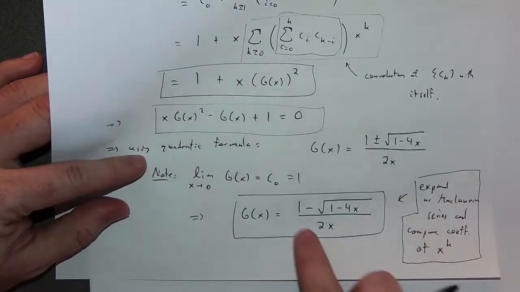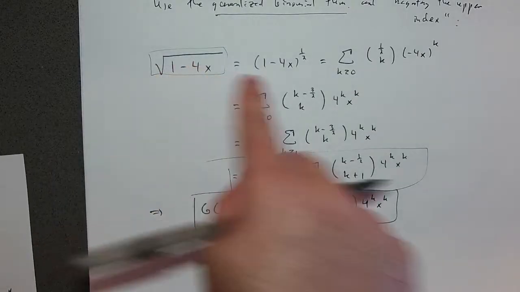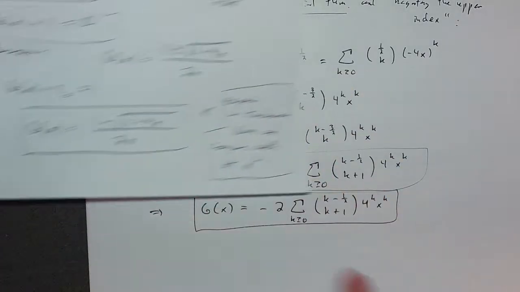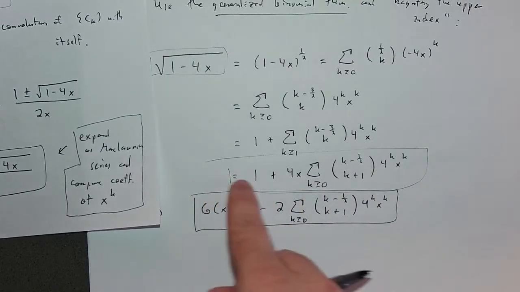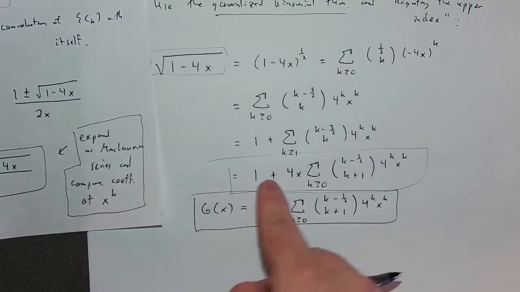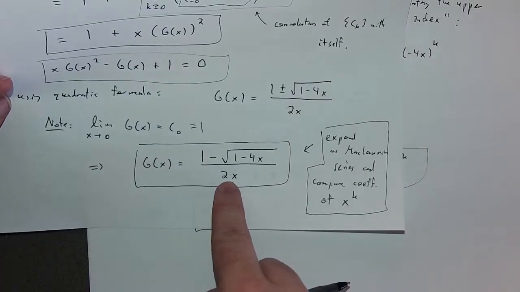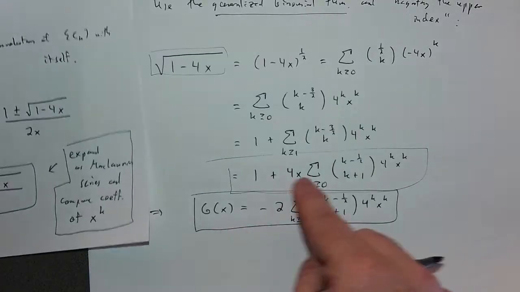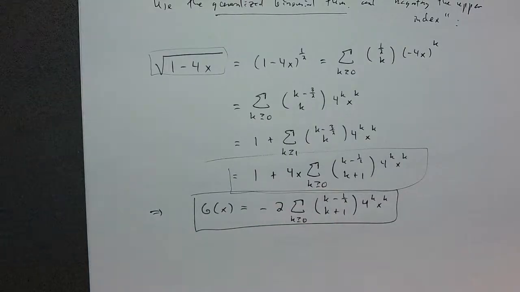G of x is 1 minus root 1 minus 4x over 2x. Root 1 minus 4x is exactly this expression. When I do 1 minus this expression, I get 1 minus 1, so that's 0, and then minus 4x times this expression. Then I'm dividing by 2x. So I would get minus 4x divided by 2x times this expression, which is just minus 2 times that expression. Okay.